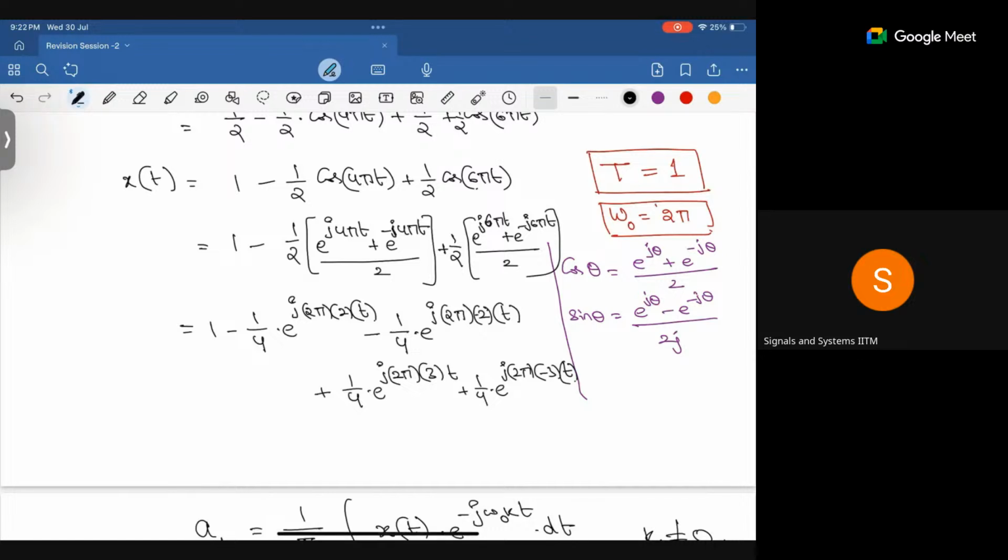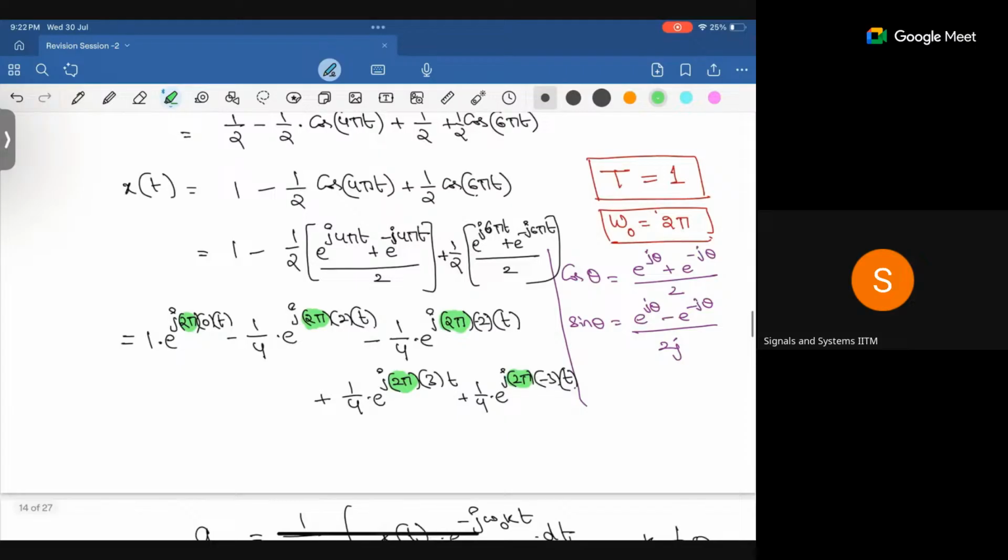And this 1 also, we'll write as 1 into e^(j 2 pi 0 into t). Now, why I wrote it this way is that 2 pi is our fundamental frequency. Right? So 2 pi, j, t, everything is the same.